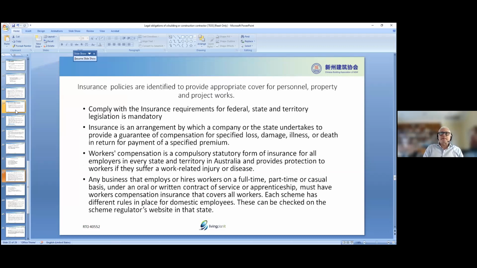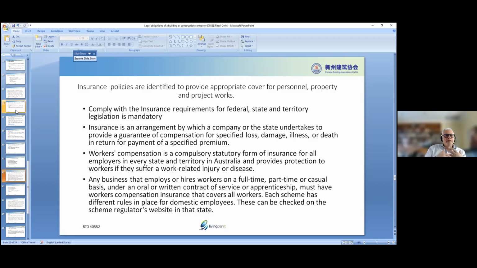All right. So insurance, the different insurance policies we need. Remember we have the statutory ones, the ones that are required by the different government levels. In Australia, we have federal government, state government, and local government.